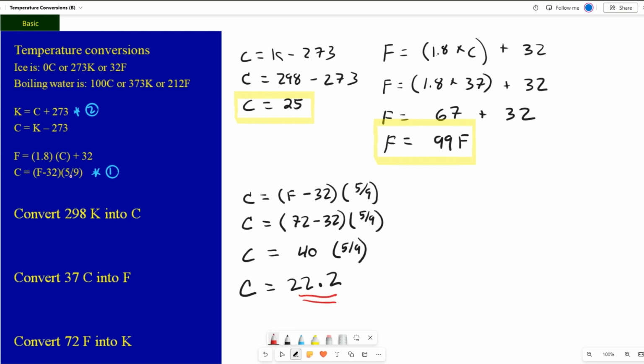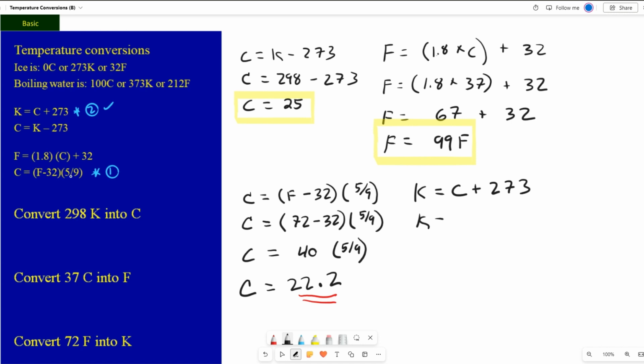Now that's not our final answer. Now we need to convert Celsius into Kelvin, and we're going to use this second equation up here. Kelvin is equal to Celsius plus 273.